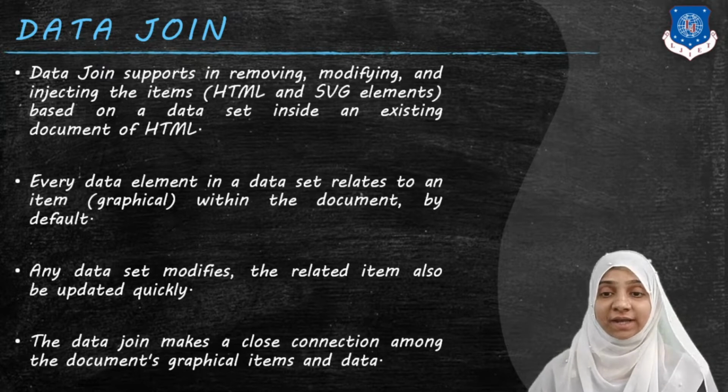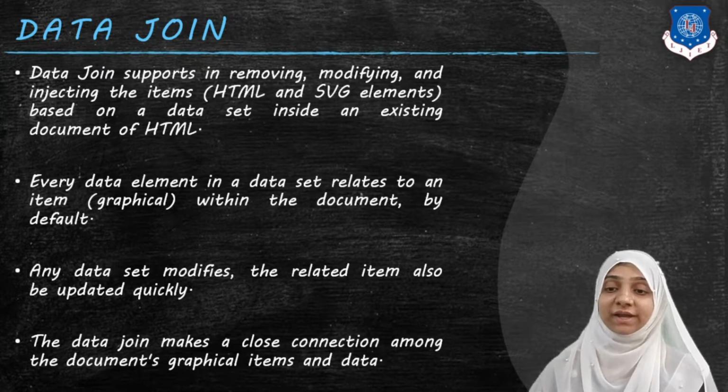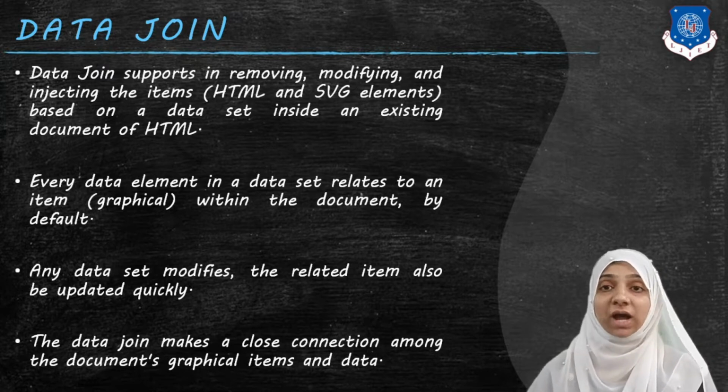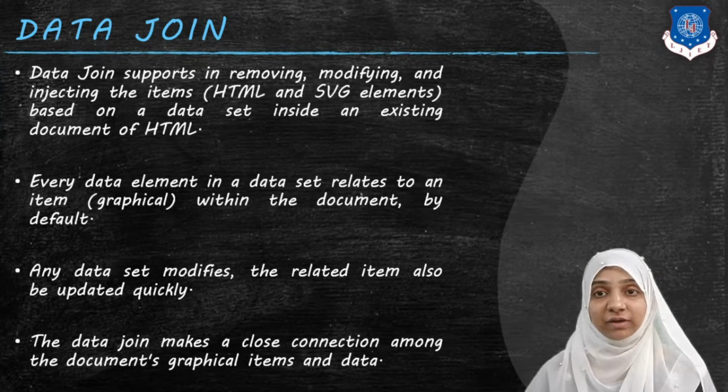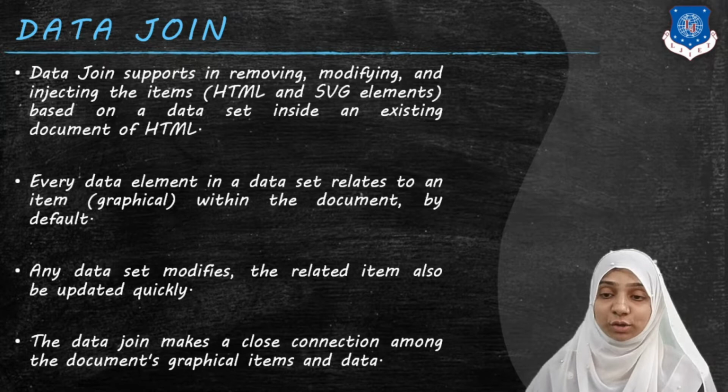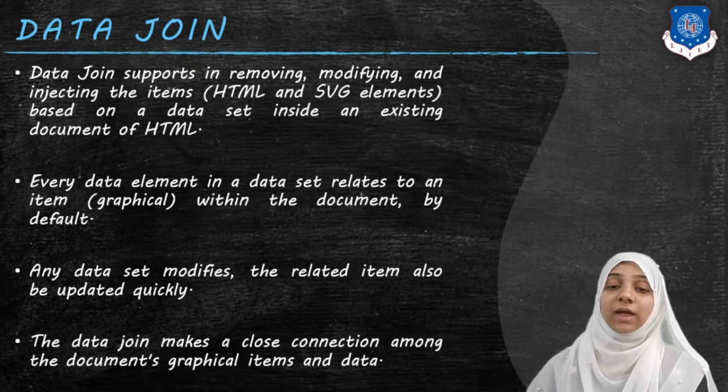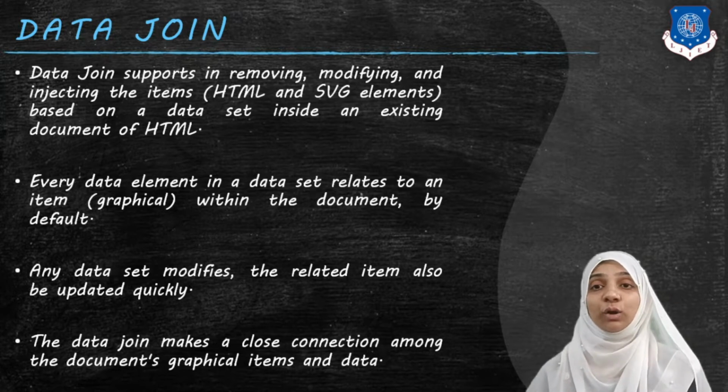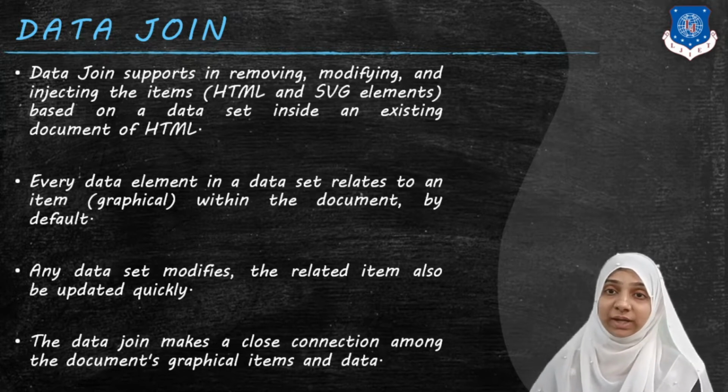Now every data element in a data set is related to one item. That item can be a graphical item within a document by default. And any data set which gets modified, the related item also gets updated quickly.